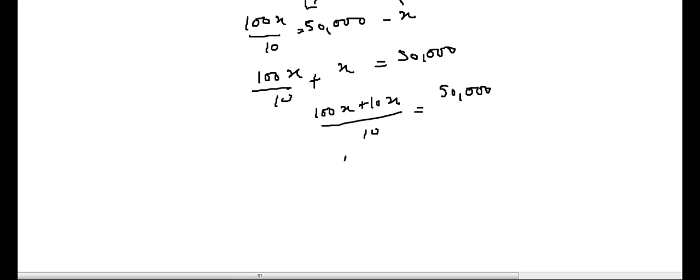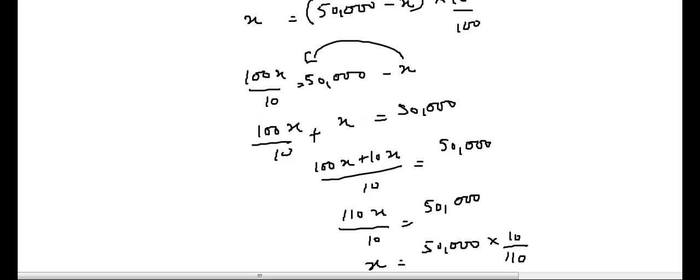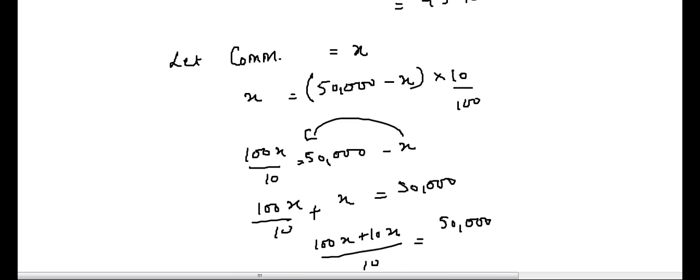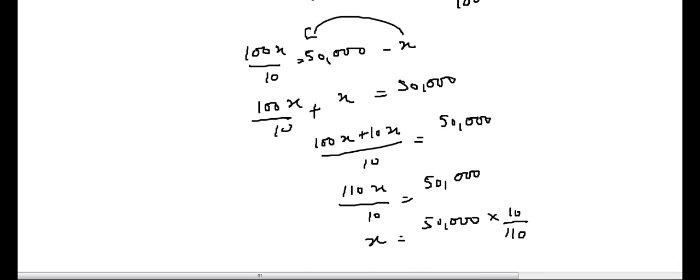Next, 110x divided by 10 is equal to 50,000. Now x is commission, so x is equal to 50,000 into 10 divided by 110. We reach the same place here. I have mathematically proved this formula. Clear?